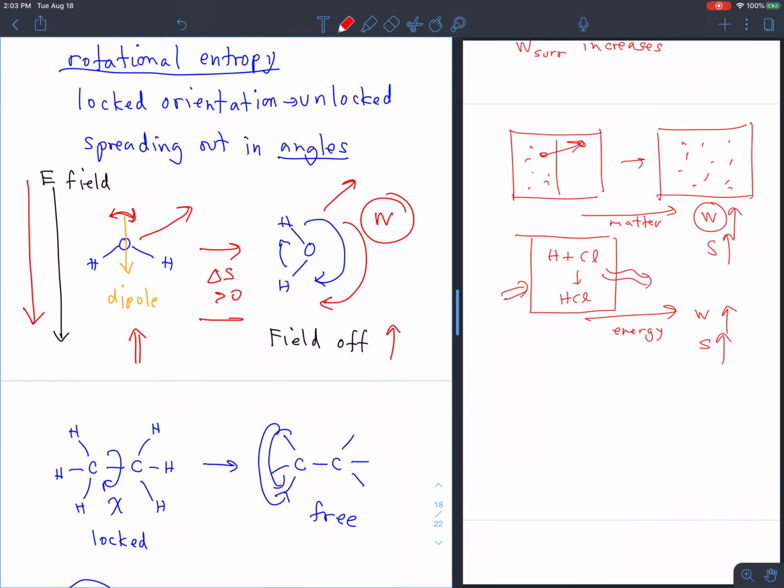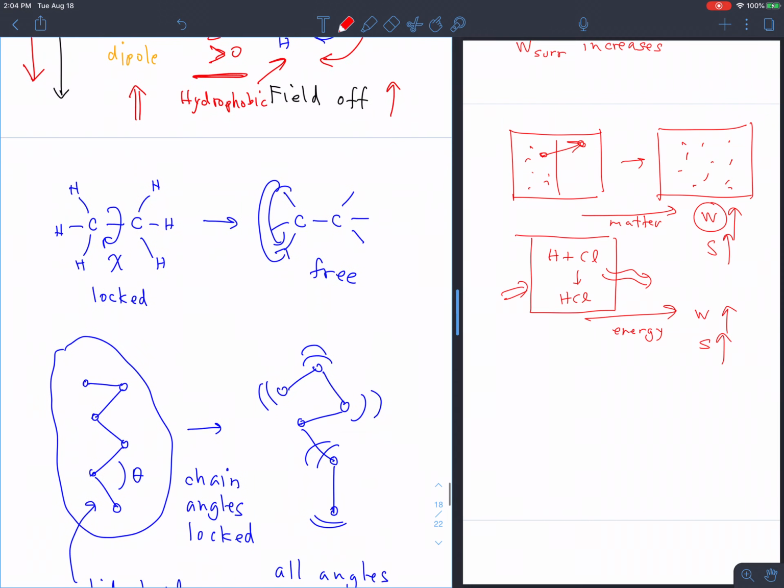Water molecules are extremely important, of course, in biology, and there's lots of effects. We'll talk about the hydrophobic effect, for example, which is largely a result of exactly this kind of thing, but we'll come to that later.